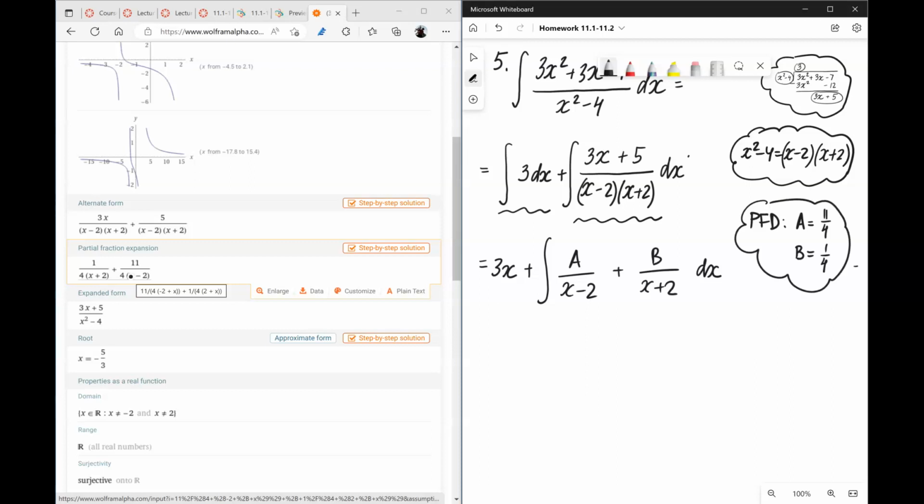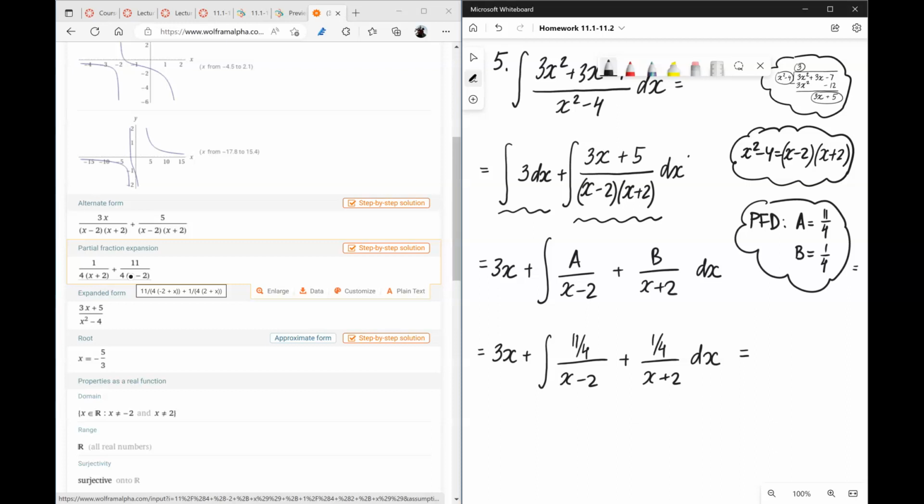So after we apply it, we now have the following problem. We have 11/4 of x minus 2 plus 1/4 of x plus 2 dx.